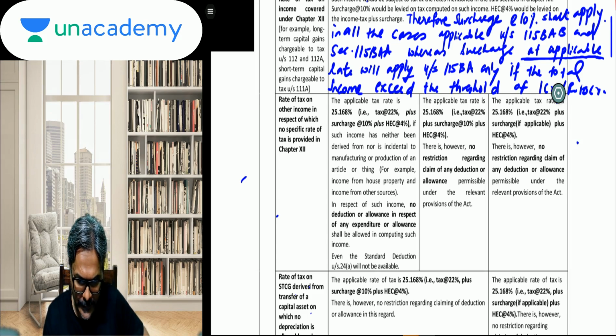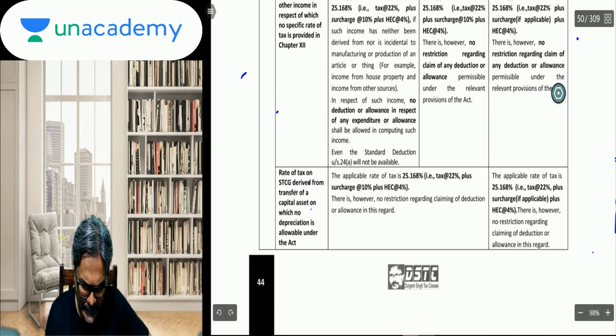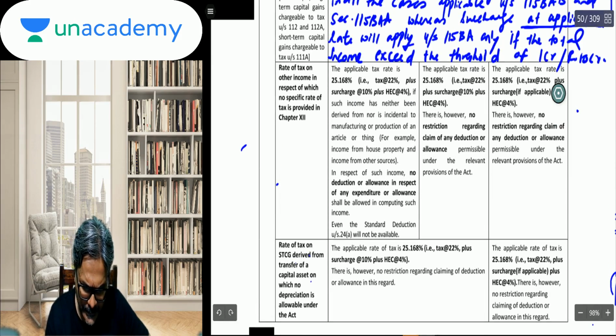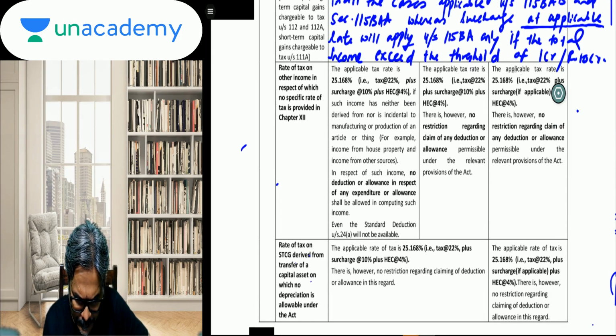Students, now all of you will read the next 2 points, and there is one bit of correction here. Please read this one carefully.